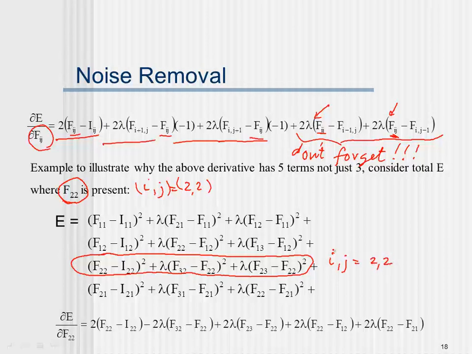And this is going to be in the case when ij equals 1, 2. When i and j were equal to 1, 2, you will also have a 2, 2 because the energy function is looking at i plus 1.